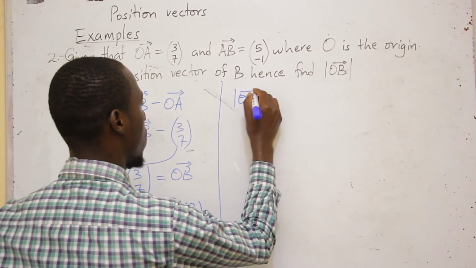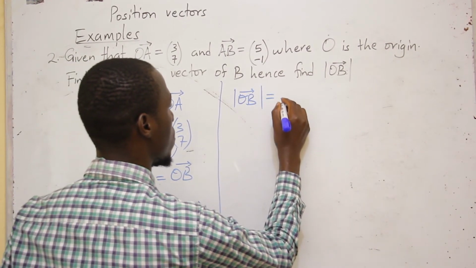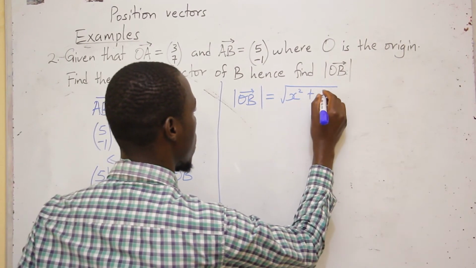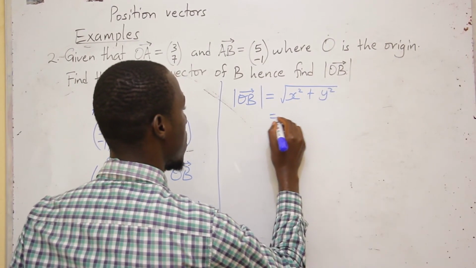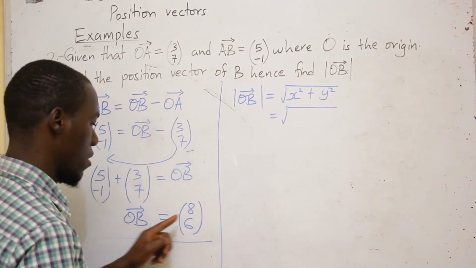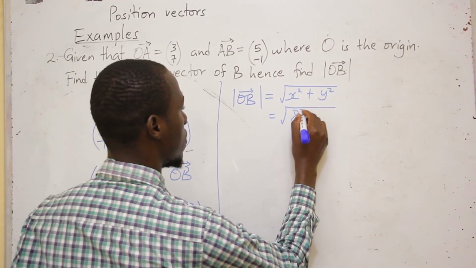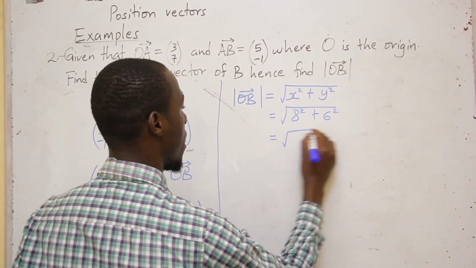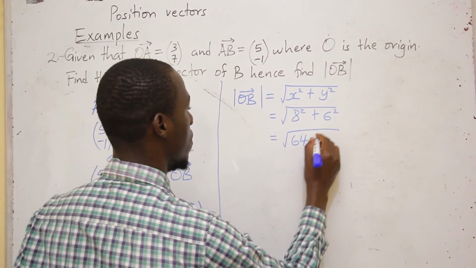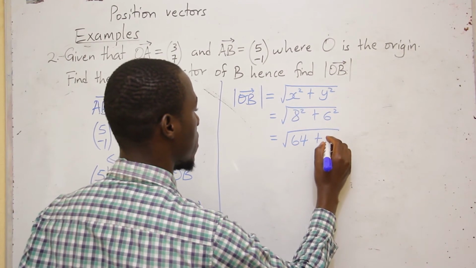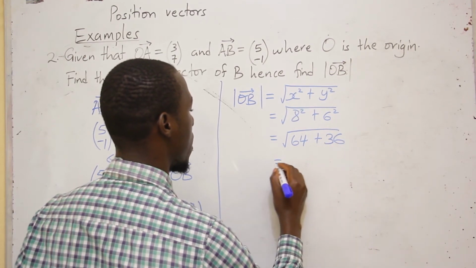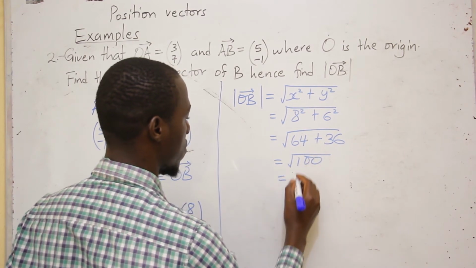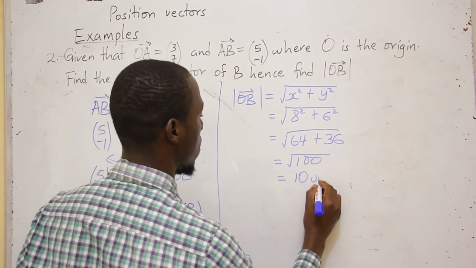So my vector OB is going to be equal to the magnitude, square root of x squared plus y squared. Then I substitute, that is 8 squared plus 6 squared. When I square 8, I get 64. When I square 6, I get 36. When I add the 2, I get 100. Then when I get the square root, I get 10 units.